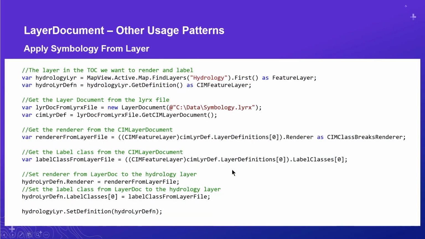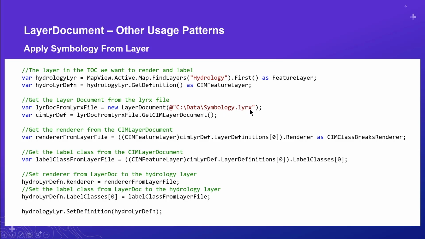Okay, here is a code snippet for the apply symbology pattern. I'm first retrieving the hydrology layer from my active map, and then I store the hydrology layer's definition using the get definition method. So over here, I am creating a layer document object. I'm using the constructor that consumes the layerx file.